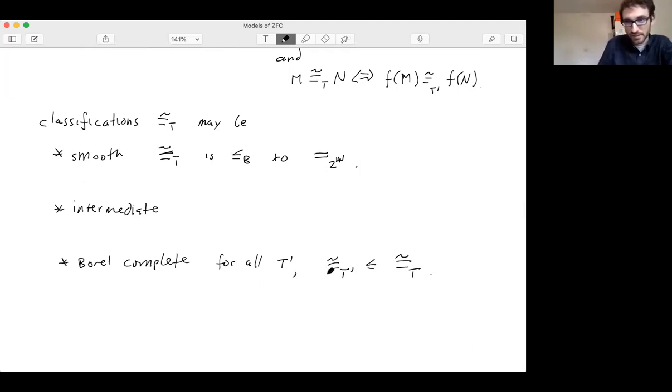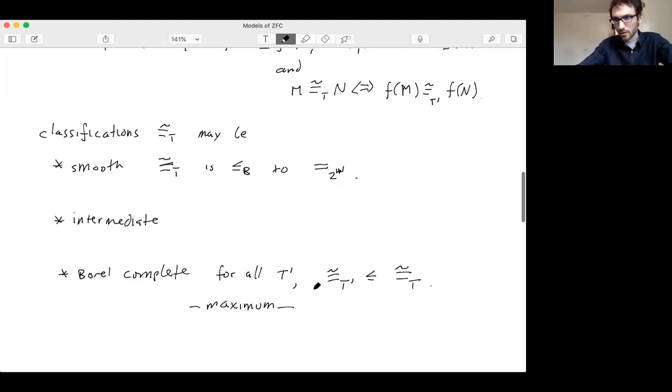Okay, and this exists. There is a maximum complexity, at least among these types of classification problems. It's not maximum over all equivalence relations. And intermediate, and here's where there's many things, okay? So a complex structure.